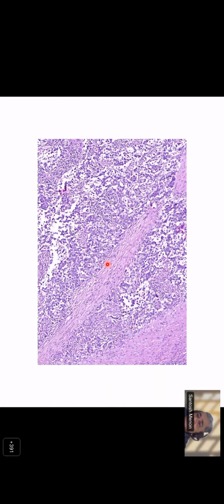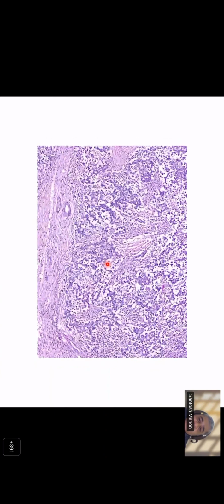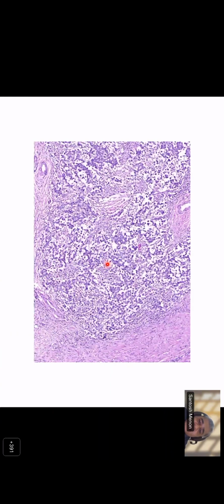Yes, sir. Even at a low power, you can see that the cell nuclei look a little vesicular, with opened up chromatin and prominent nucleoli, and then you have this sprinkling of lymphocytes here and there. That is important to make out. You see, these are the lymphocytes, and these are the tumor cells, and these are the septae or the stromal tissue, where you see sprinkling of lymphocytes throughout this tumor.